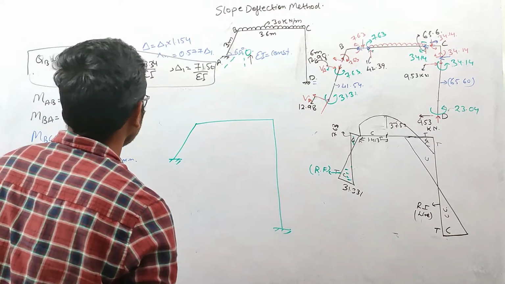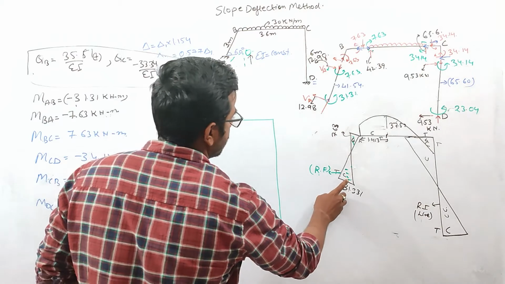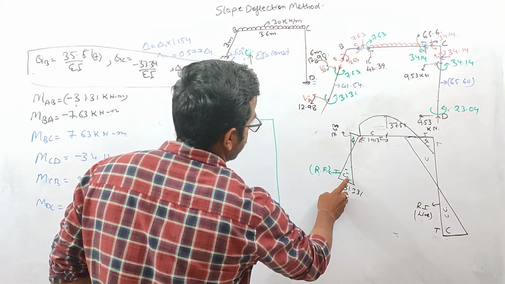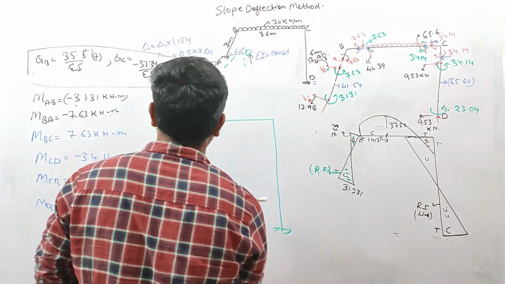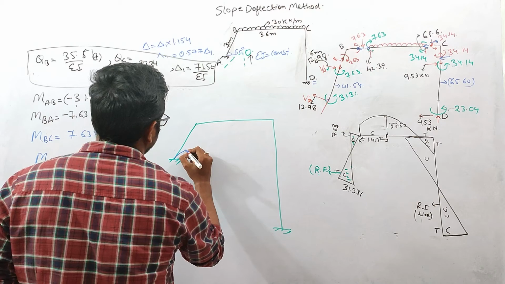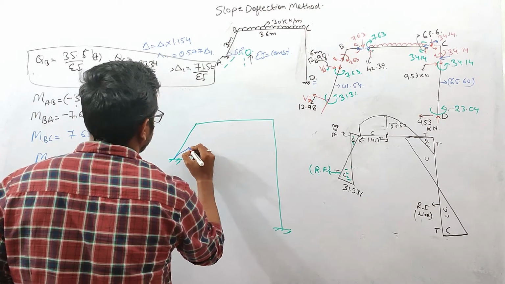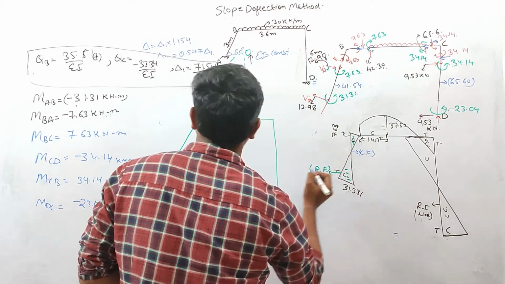As you can see, this face is under compression. And at this point A, the bending moment diagram will look like this. And this is the point of contraflexure.